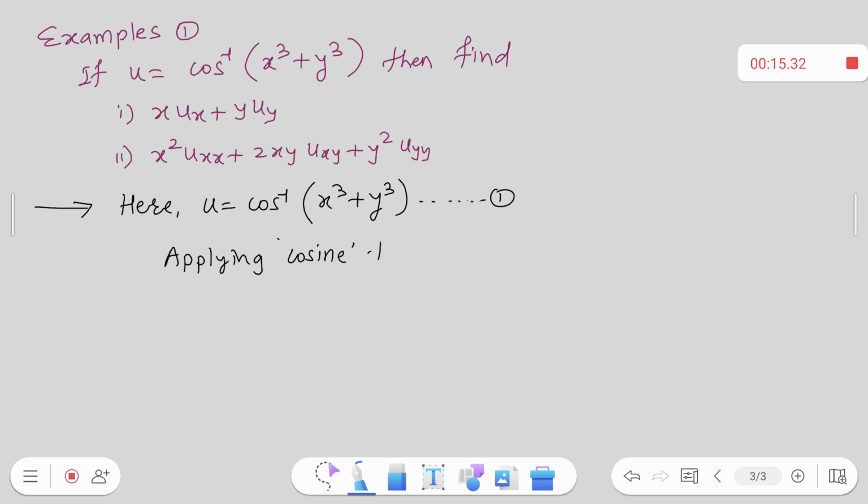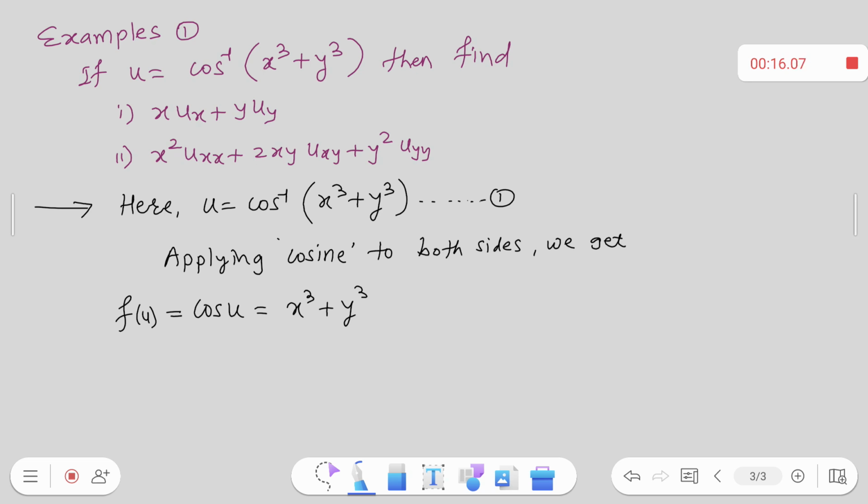We get cos of u is equal to cos of cos inverse of x cube plus y cube. Now this is your function of u. Cos of u means the function is defined on u, that is, f of u is cos u. Now see here, f of u is x cube plus y cube.